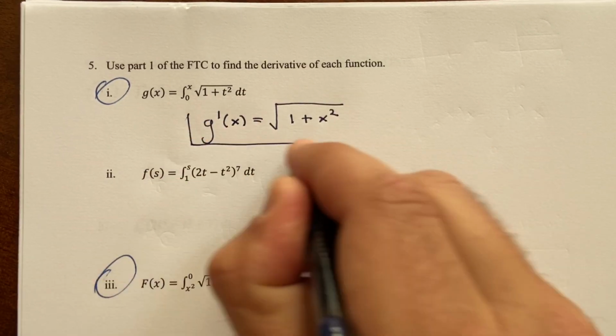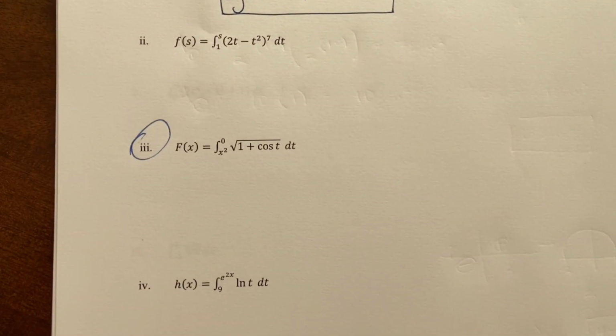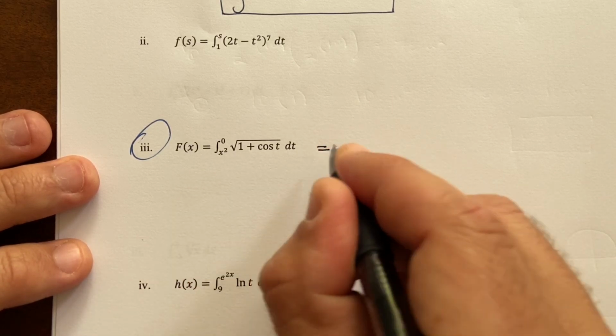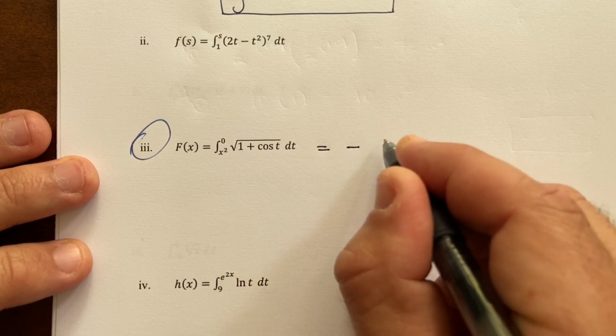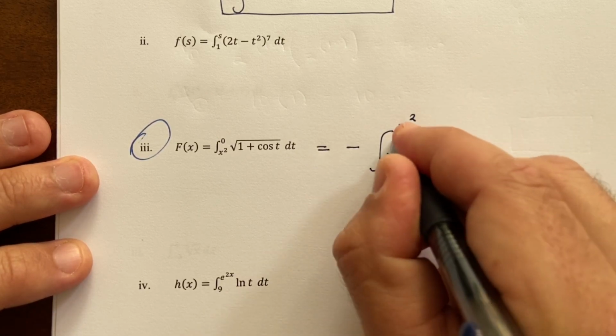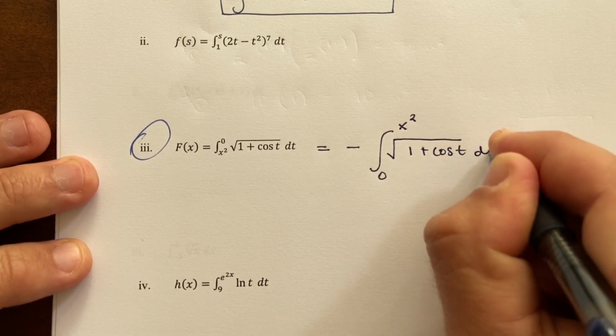Okay. Part 3. Something we can do, we actually want this variable limit to be the upper. So this would be the same as the negative of the integral from 0 to x squared of the square root of 1 plus cosine t dt.